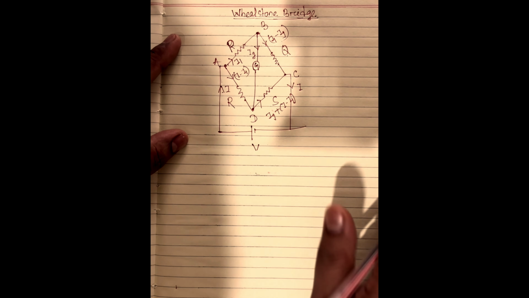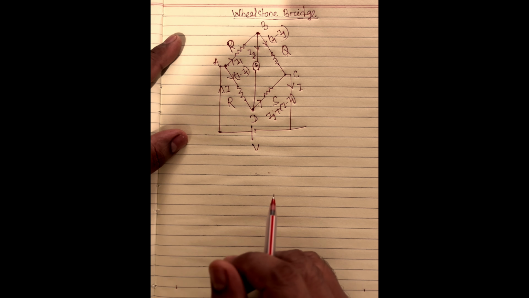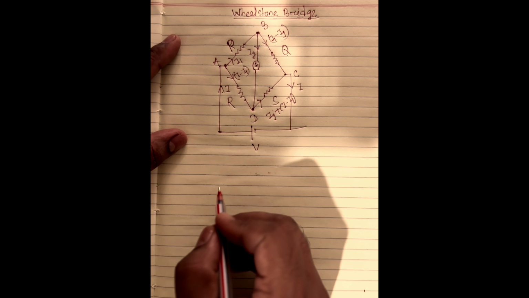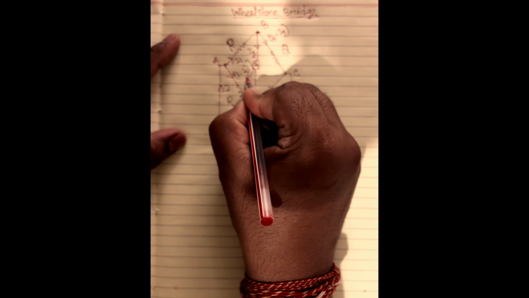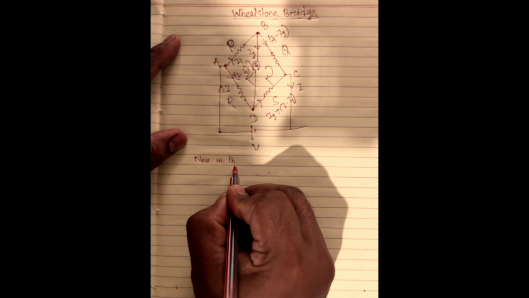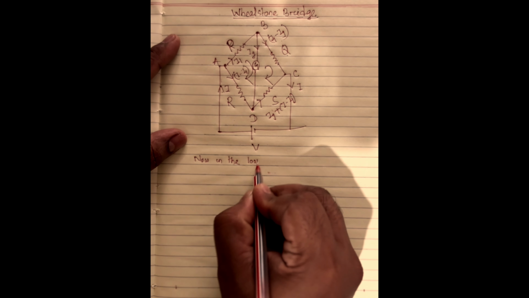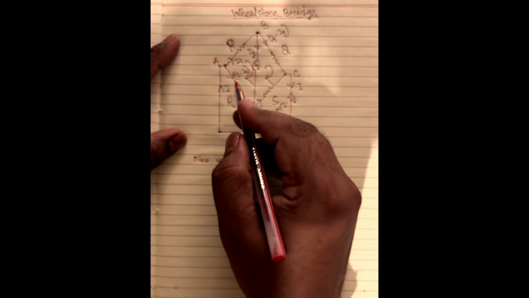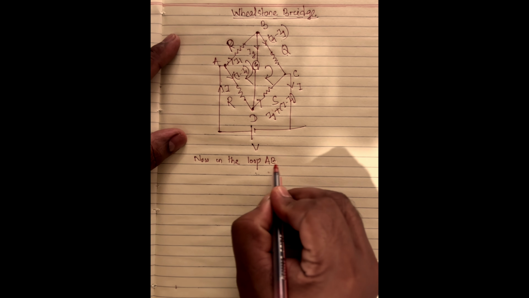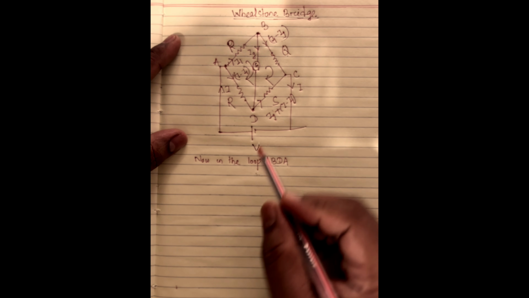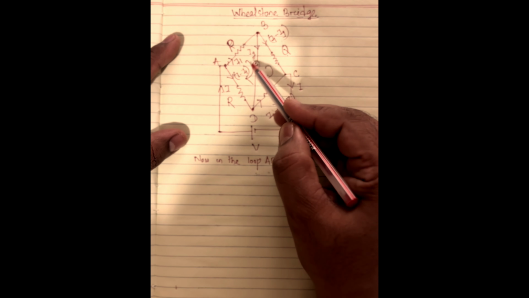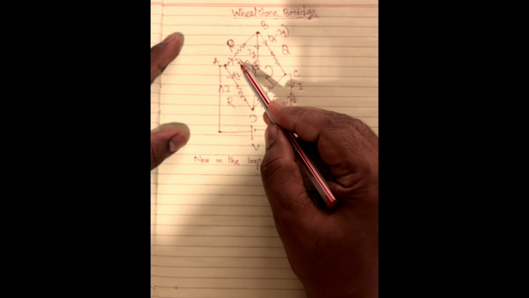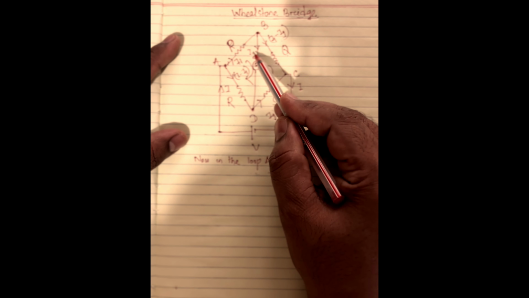Now we go to the derivation part, the theory part. Here there are two electrical loops. In the electrical loop A, B, D, A, the current I1 and Ig flowing in the clockwise direction along the loop are taken as positive.